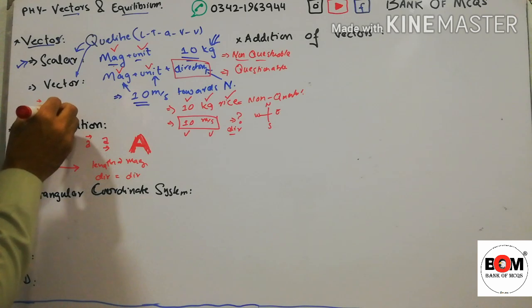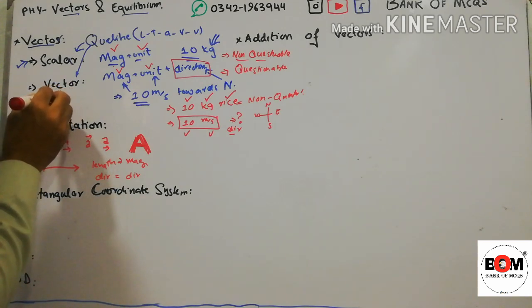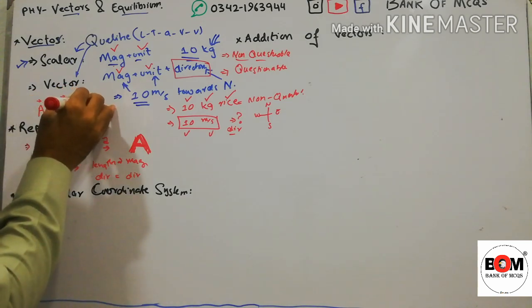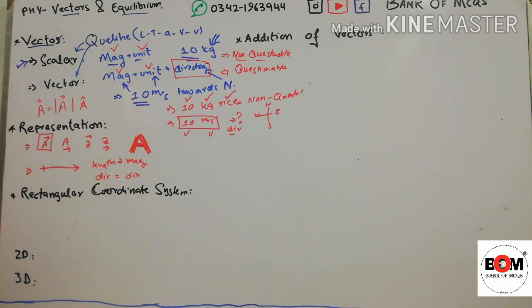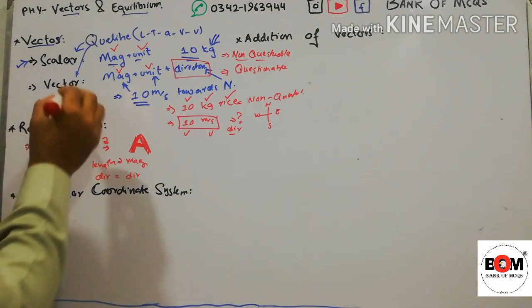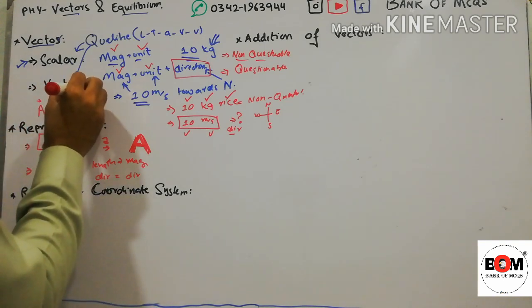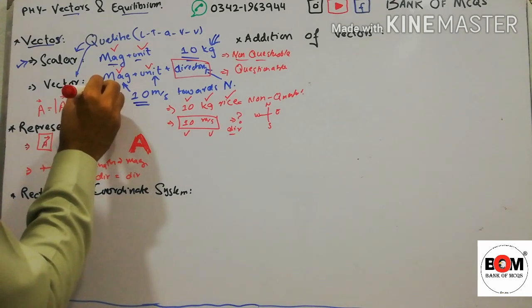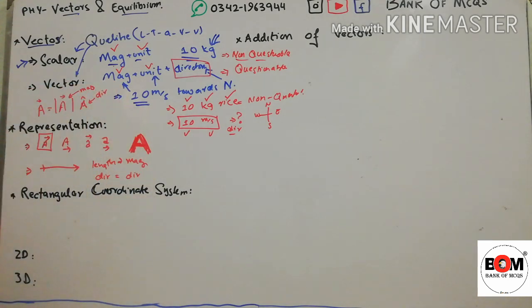To write its magnitude, we will write it in this way. Also we will write A with a cap. This is the magnitude with unit, and the letter with a cap shows the direction.